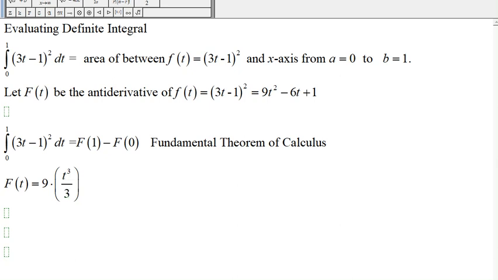Basically, we do the antiderivative in reverse of what we did with the derivative. Then minus 6 times t, which is t to the first, so add 1 to the exponent and we get 2.